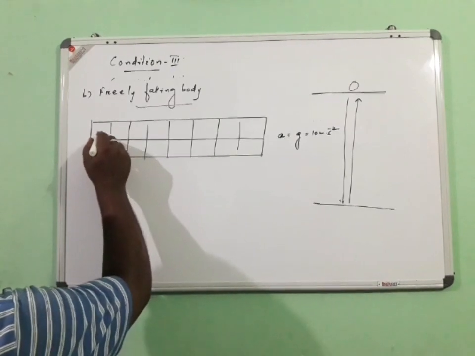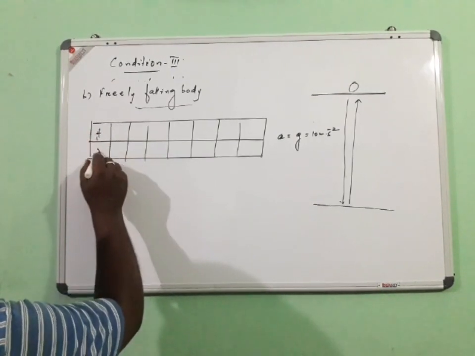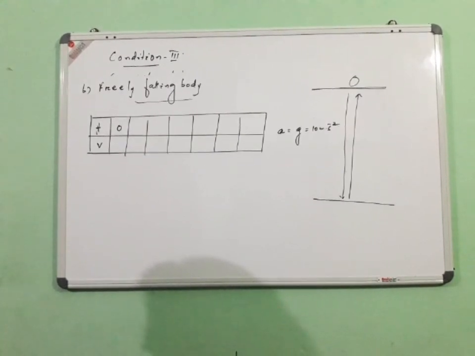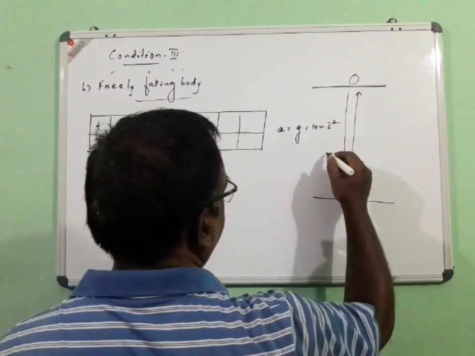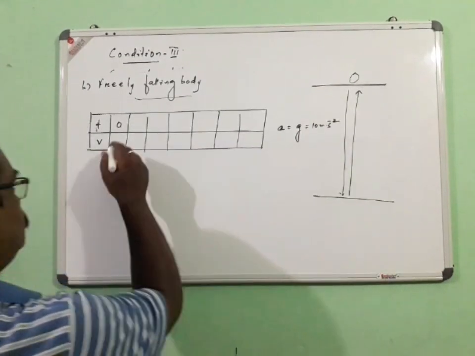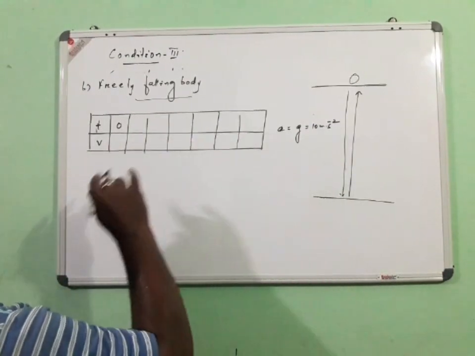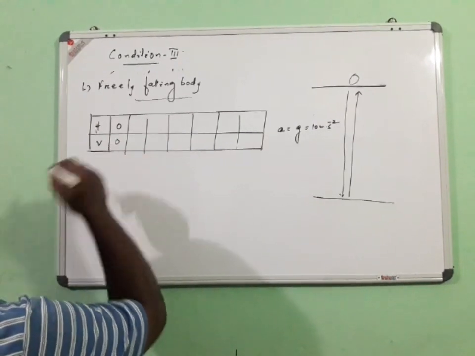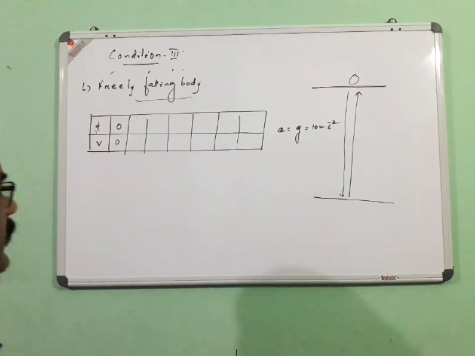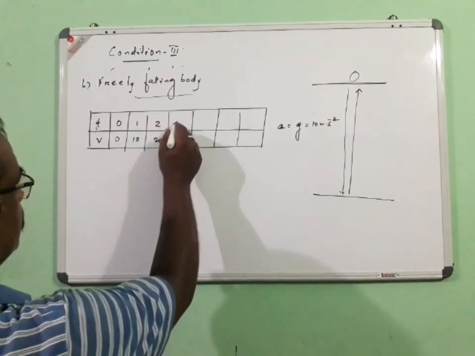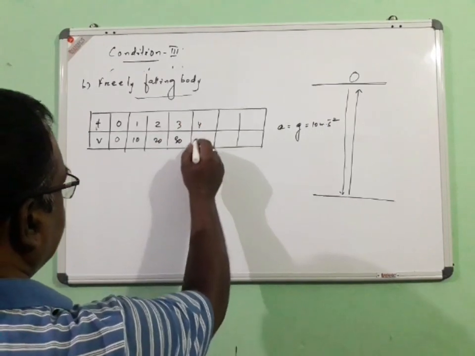Consider that at 0 second, initially it is at a certain height, let it be 40 meters. At that height, it was at 0 meter per second. Now after 1 second it becomes 10, 2 second 20, 3 second 30, 4 second 40.